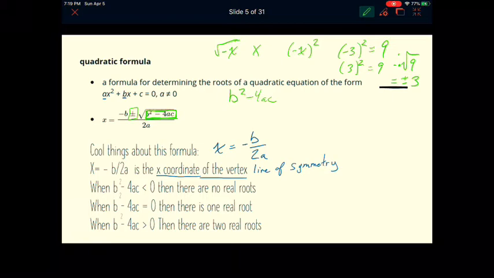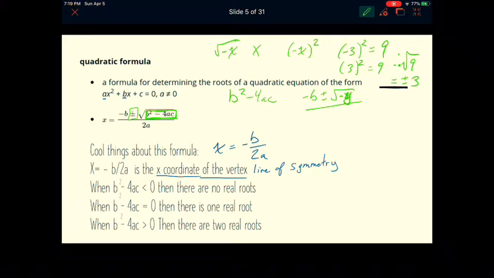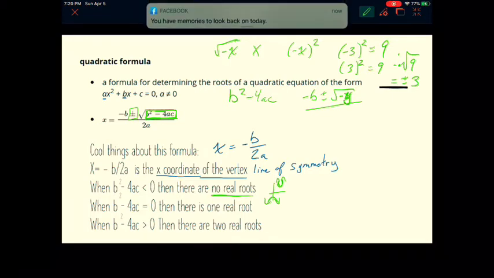If it is less than 0, so if we get a negative in there, so if our negative b plus or minus the square root of, and we end up with a negative number in here, make it a y because we've already got an x, then that means that we have no real roots. Our graph is going to look like this or like this, where it's not going to touch the x-axis at all because we can't solve that. So it has no real roots.